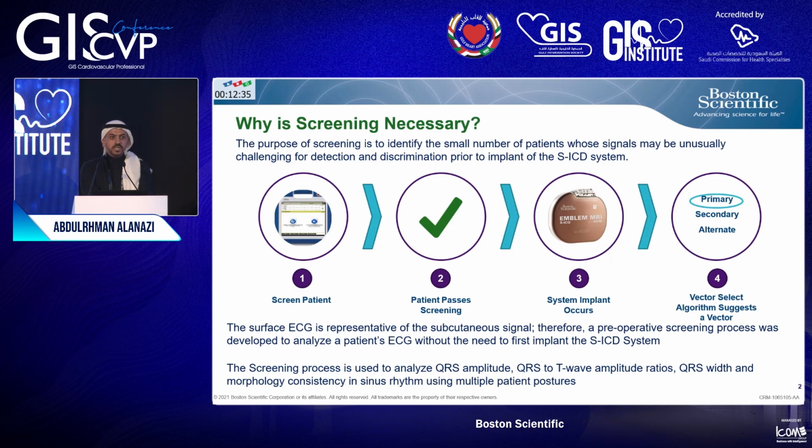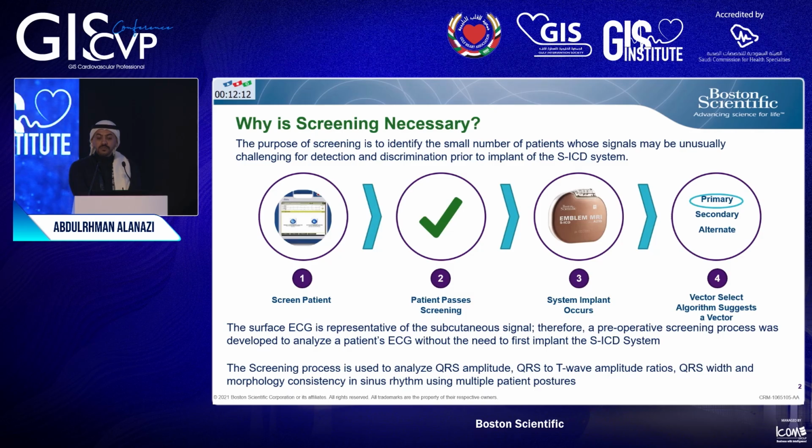So the process in the SICD implantation is to screen the patient. Then if the patient passes, we'll go to the system implant, and upon the screening we'll choose the vector. The surface ECG is representative of the subcutaneous signals; we call it a subcutaneous ECG.